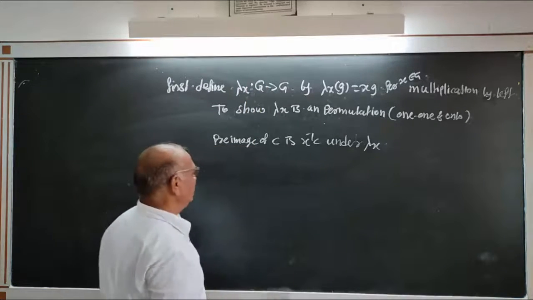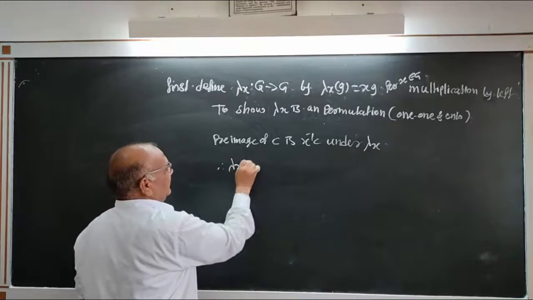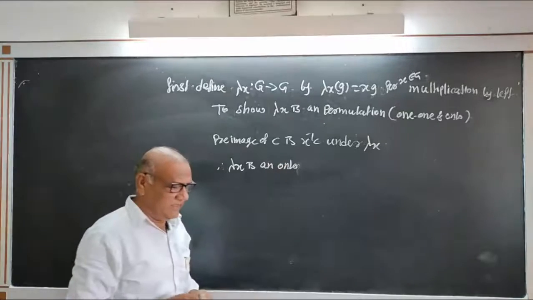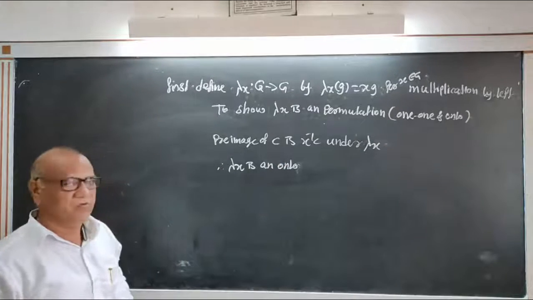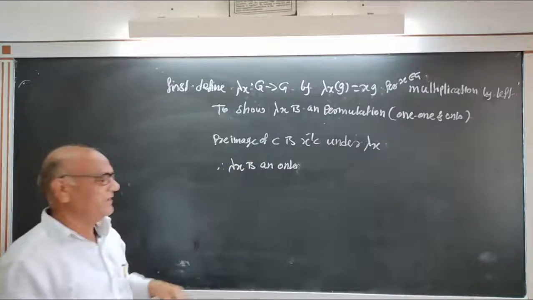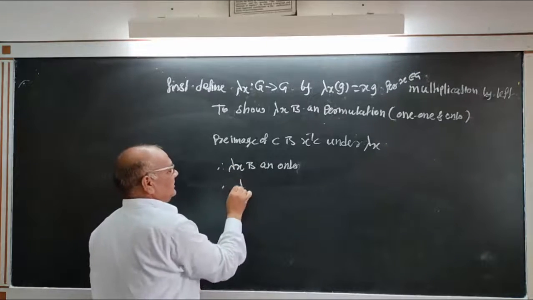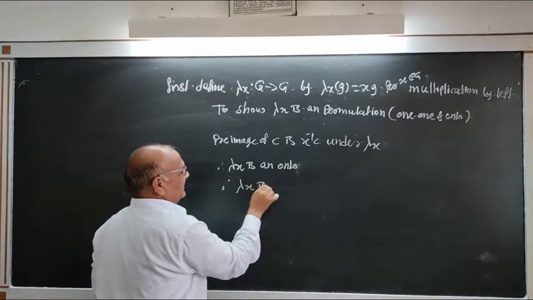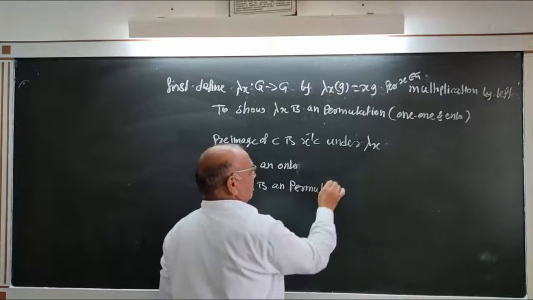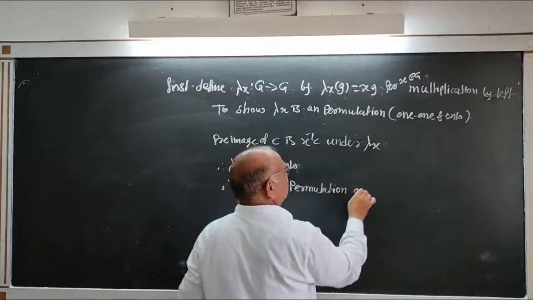Therefore lambda_x is 1-1 and onto, so lambda_x is a permutation on G.